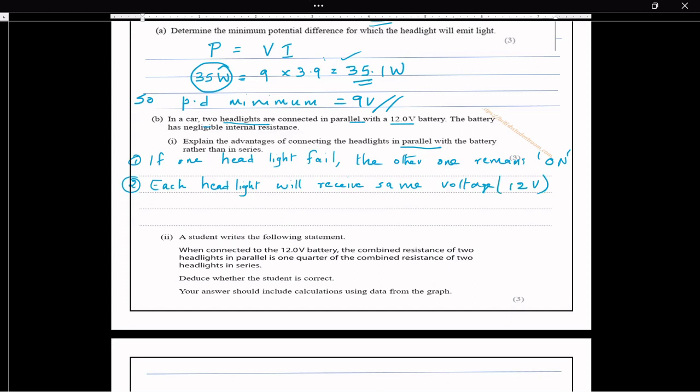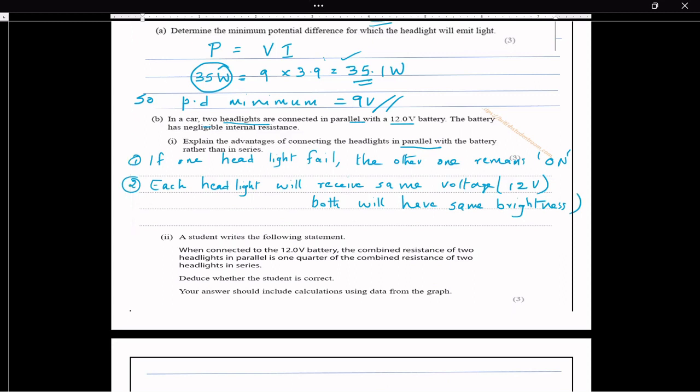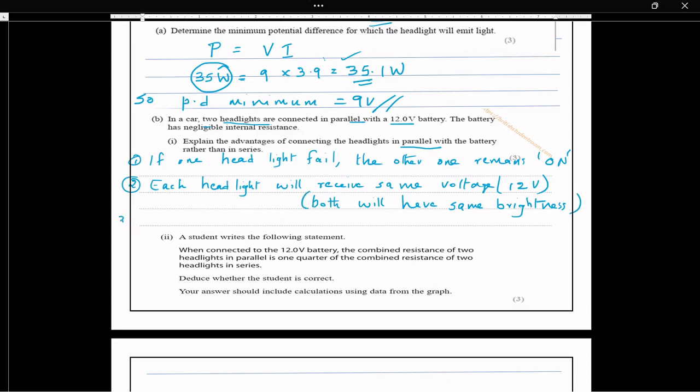What is the advantage of this? Both will have the same brightness, or both will have the same power.